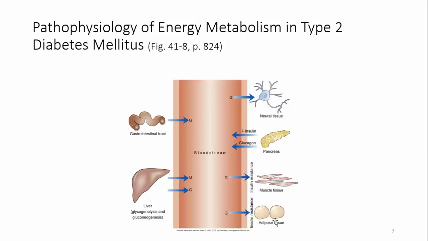Now, I'll talk more about it in a couple of slides, but one of the issues here is that this increased amount of glucose causes the insulin to be released, but the receptors for insulin on the tissues get downgraded.